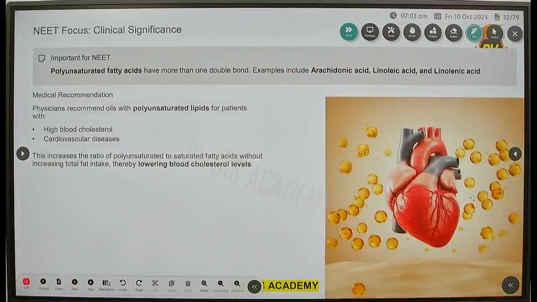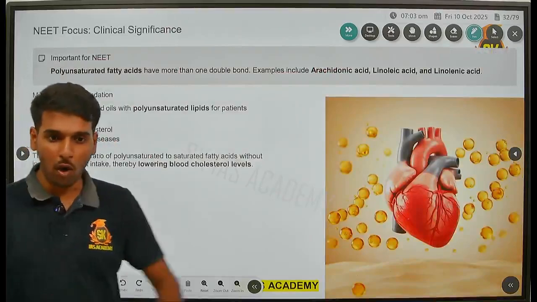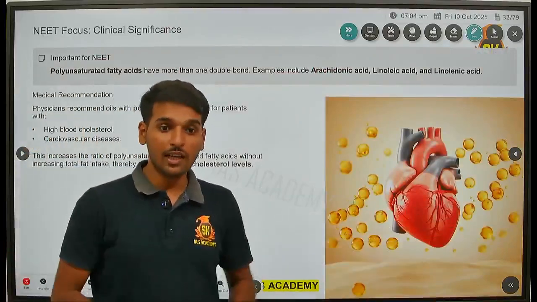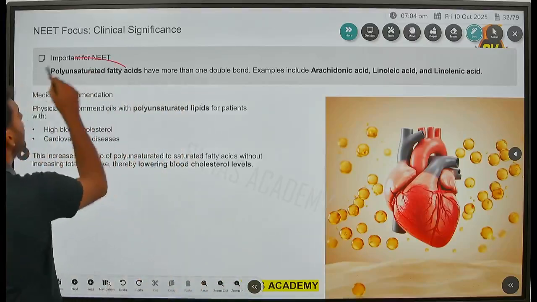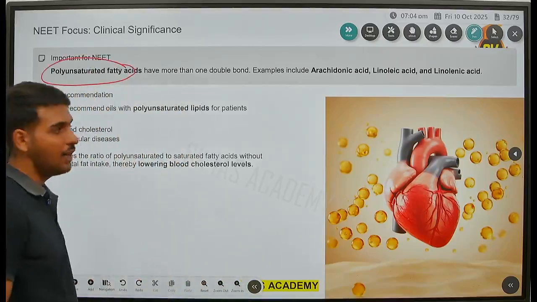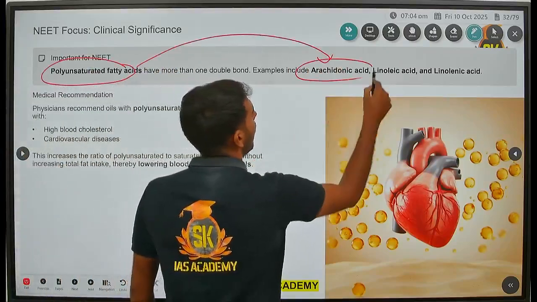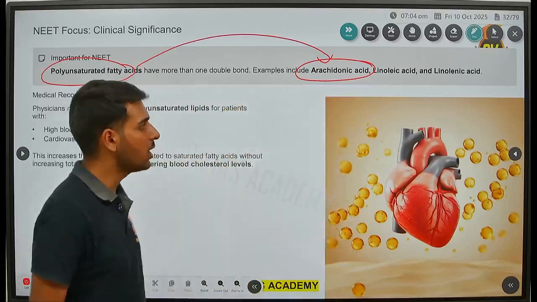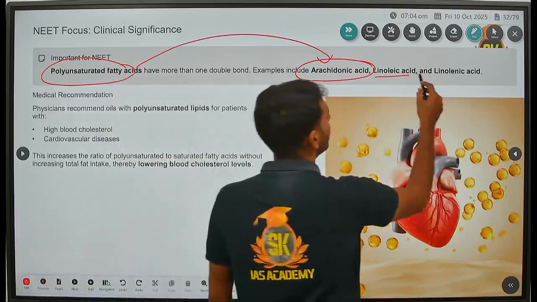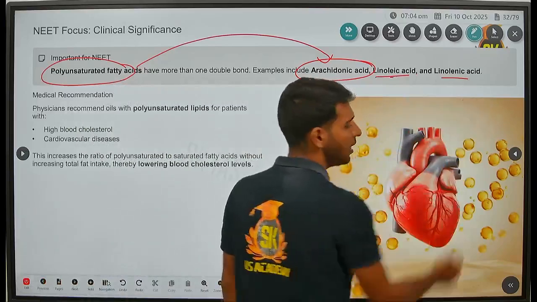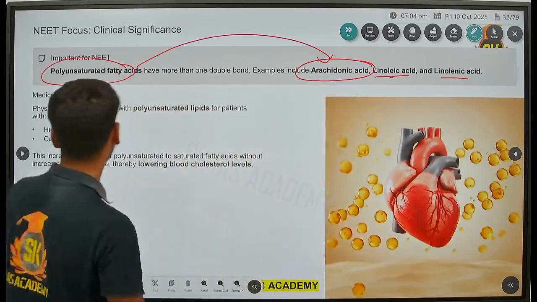Now if the unsaturated part is a polymer, then it is considered to be a polyunsaturated fatty acid, right? Example: arachidonic acid, linoleic and linolenic acid.